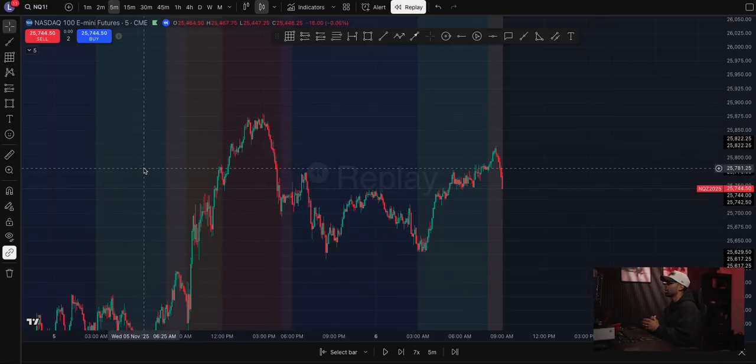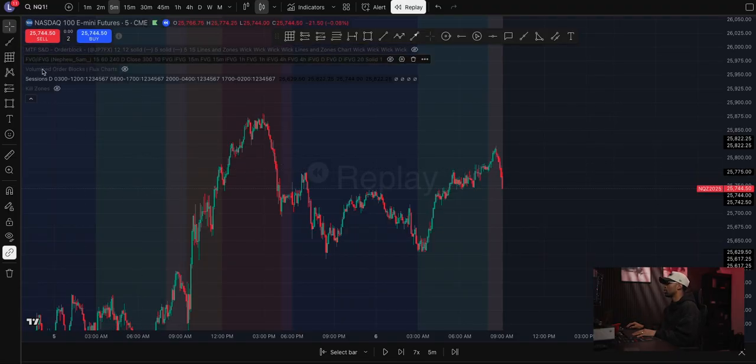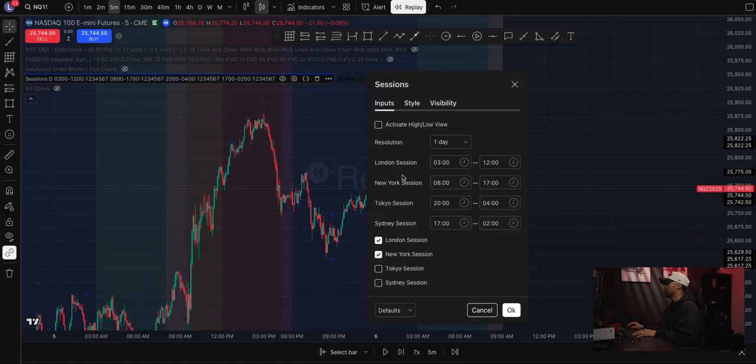Kill Zones are pretty nice, but this is another option and it gives you more detail. In the settings, keep the London session and the New York session checked. The Tokyo session and Sydney session do not have to be checked. Then we hit OK.